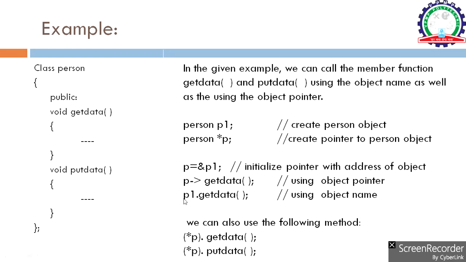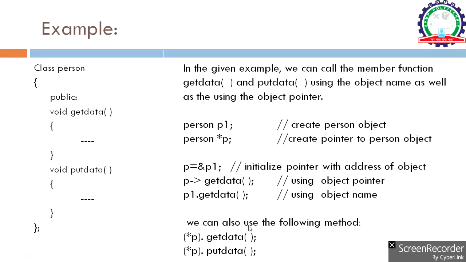And the other simple way that we used till now without creating a pointer is P1 dot getData, right? P1 is the object and getData is a member function. This is the normal way that we already used in our programs, but this is another way in which we use an object pointer to access the member function of the class. So this is how we can access the member function of a class using a pointer object.